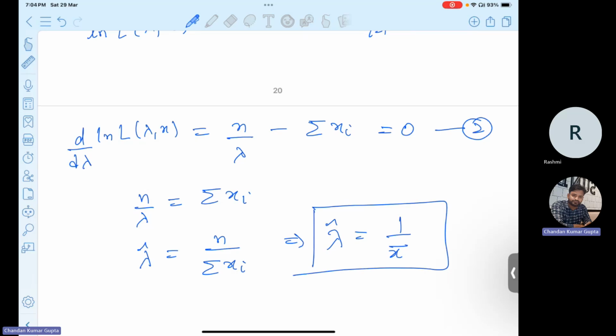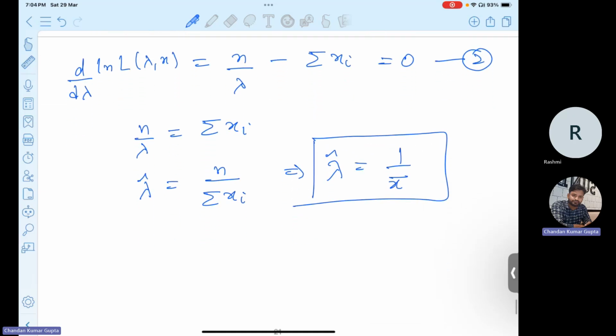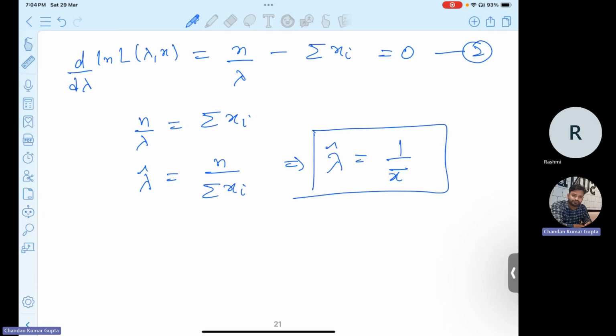Here lambda is the parameter, but lambda cap is the maximum likelihood estimator of the parameter lambda. It is the reciprocal of the sample mean. So the maximum likelihood estimate for the parameter lambda is 1 by x bar.